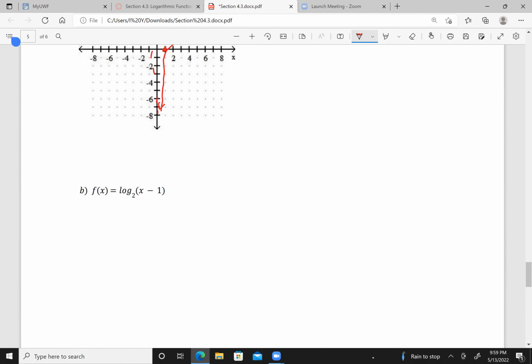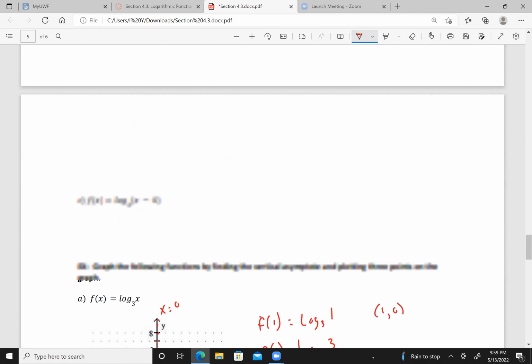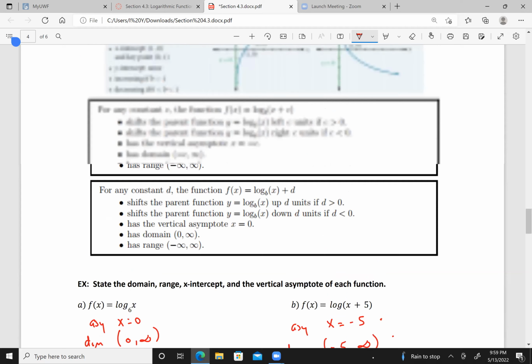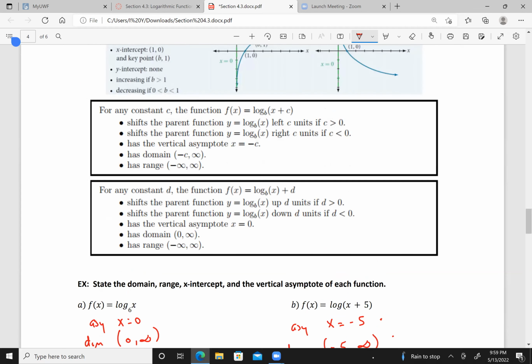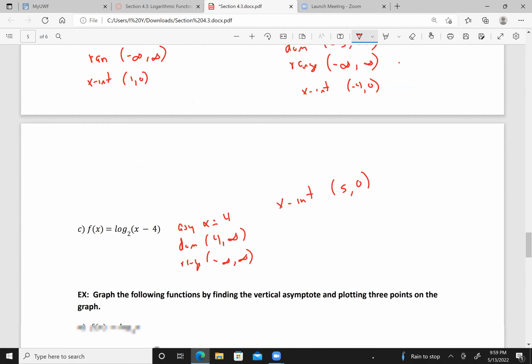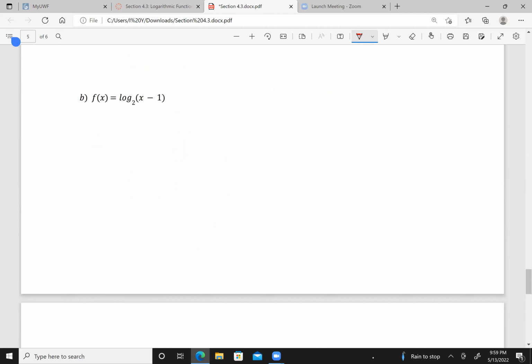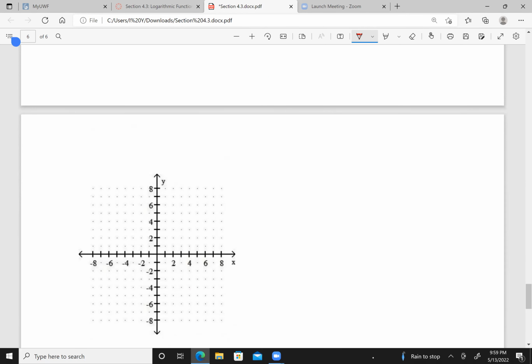So here I have x minus 1 in my parentheses. So c is negative, so I'm moving right 1 unit. That means the asymptote is x equals 1.